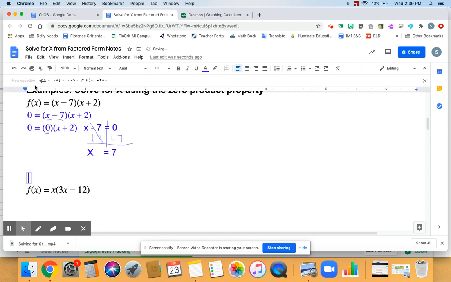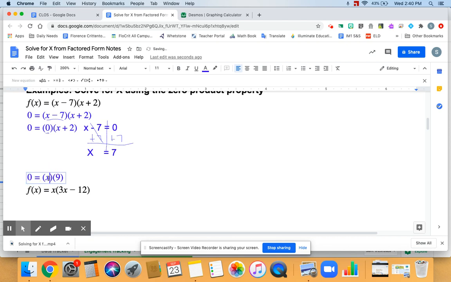Well, if 0 equaled x minus 7 times x plus 2, if I put 7 into the x's, what happens is 7 minus 7 becomes 0, like I wanted. 7 plus 2 becomes 9. And 0 times 9 is still 0. So that is one thing that when I plugged it in for x, it made the equation equal 0.